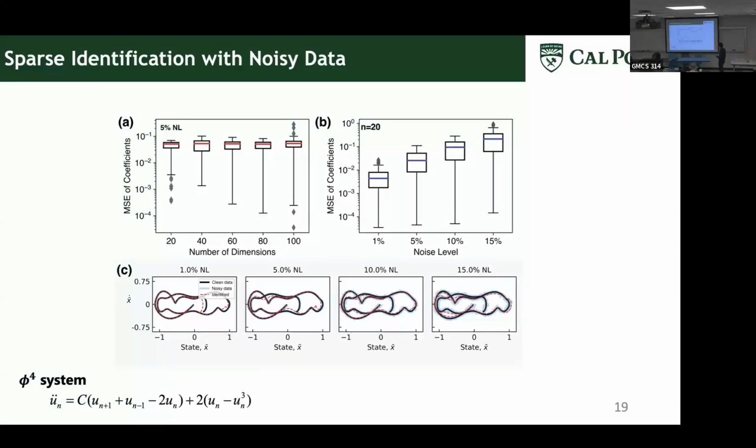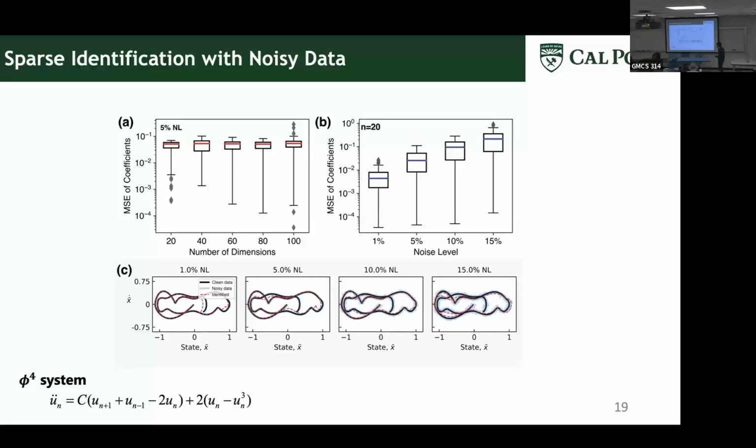We can see that as we increase the magnitude of the noise level, the MSE of the coefficients also increases. The conclusion here is that the method can tolerate up to probably 10% noise and still give us an acceptable prediction. The magnitude of C here is 2, so relatively the errors are still small.